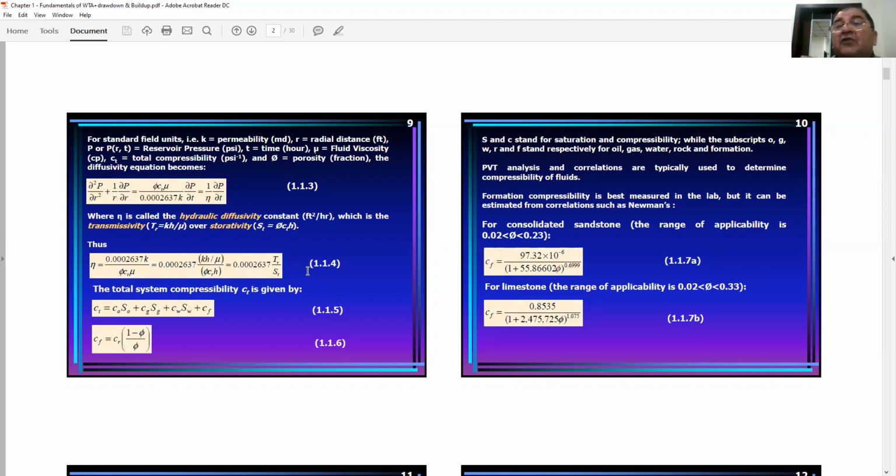Now we can define the distance to the point in the porous media using the reference distance of the wellbore radius.